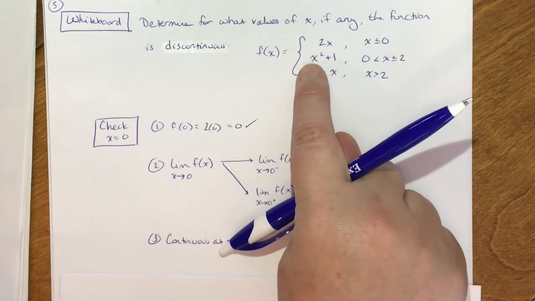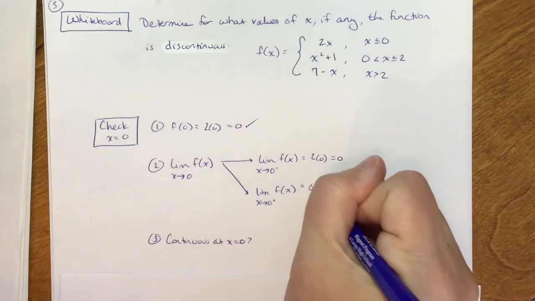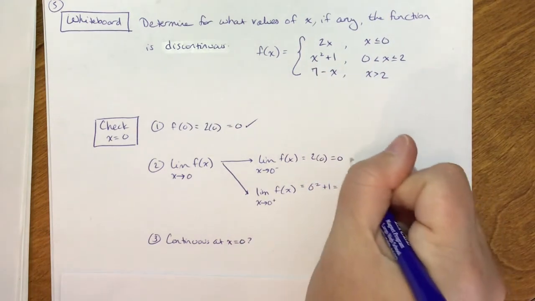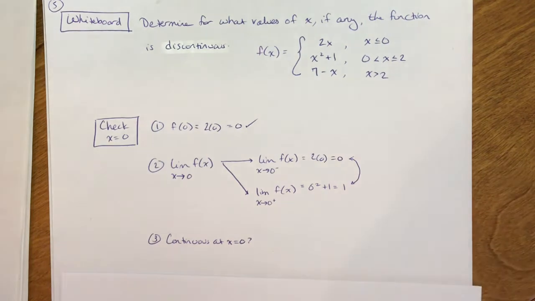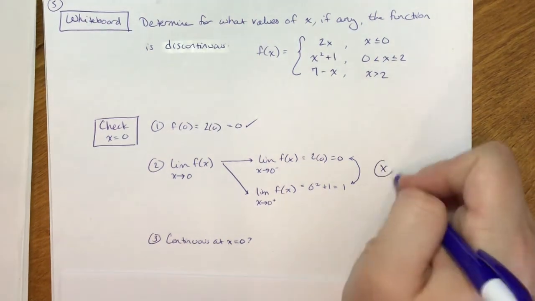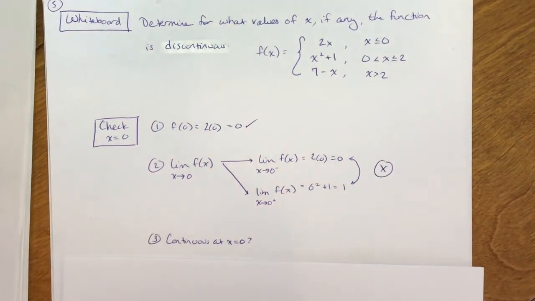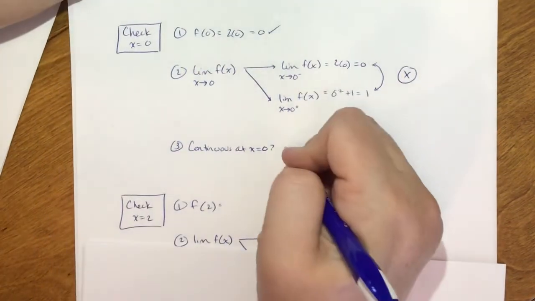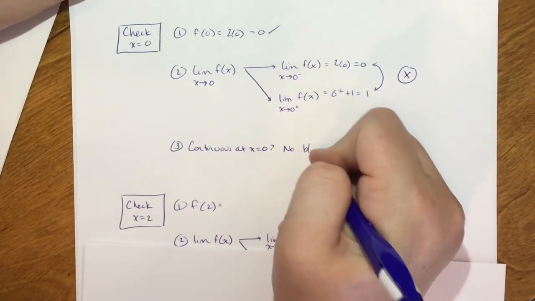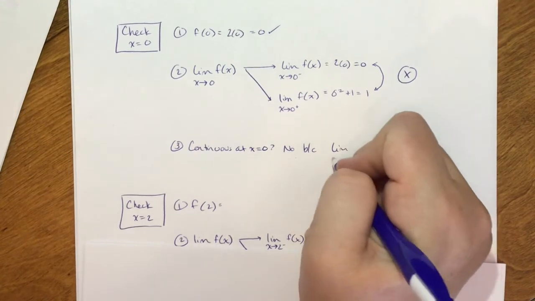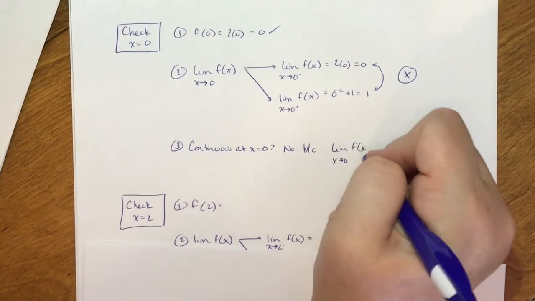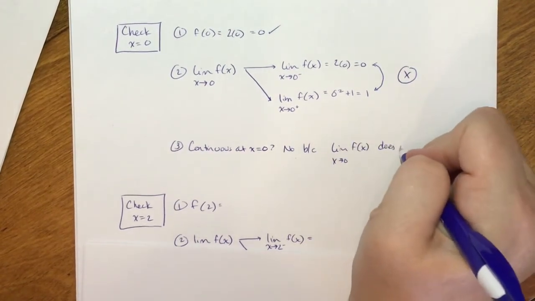So I'm going to plug in 0, 0 squared plus 1. Oh, that's not looking good, is it, guys? So what I notice here is the left and right-hand limits do not agree. So the limit as x approaches 0 does not exist. I fail right here. Is it continuous at x equals 0? I will say no, because the limit as x approaches 0 of f of x does not exist.